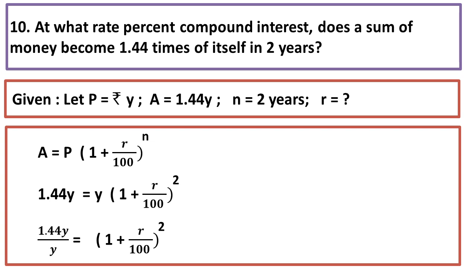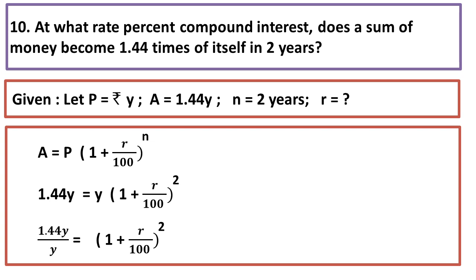So, let us consider P the principal amount as rupees Y, a variable. Hence, the amount will be equal to 1.44 Y. Use the formula amount is equal to P into 1 plus R by 100 to the power n. In the place of A, substitute 1.44 Y and in the place of P, substitute Y and n as 2.